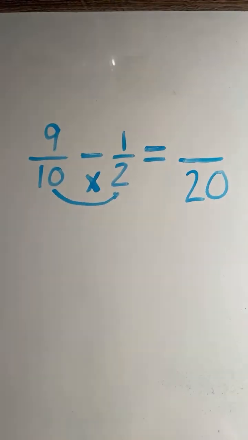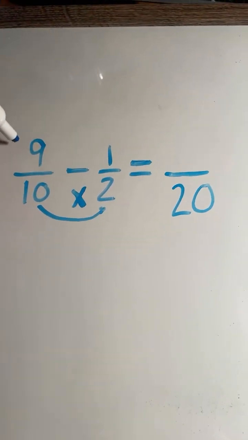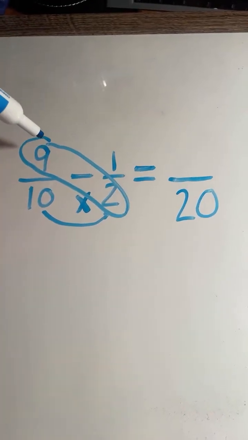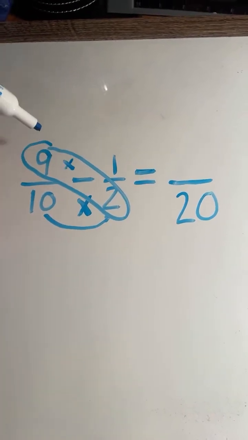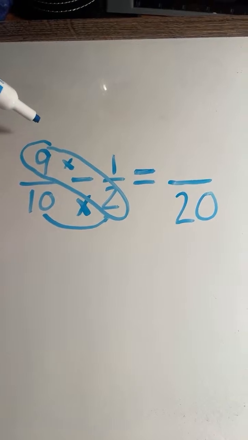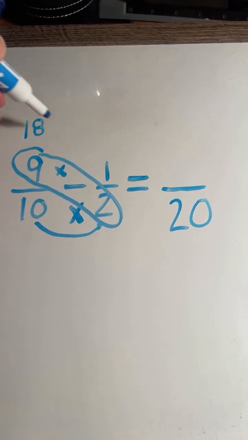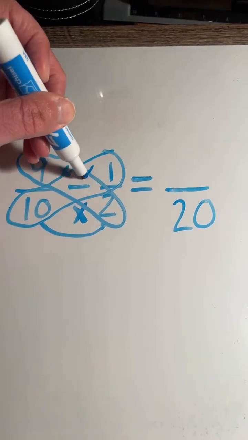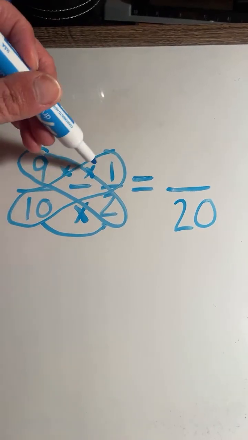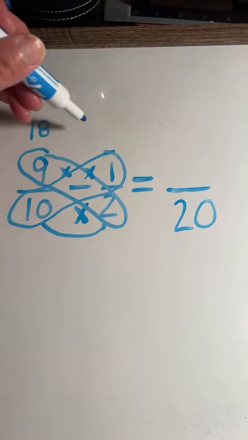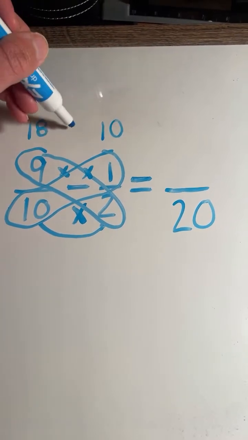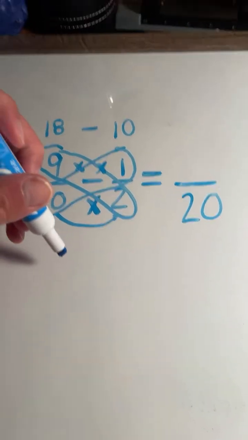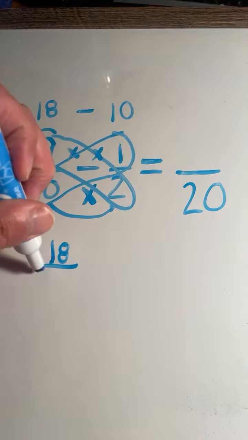Then to find our new numerators, we have to multiply each numerator times the opposite denominator. So we're going to multiply 9 times 2. 9 times 2 equals 18. One times 10 equals 10. So now we have 18/20ths minus 10/20ths.